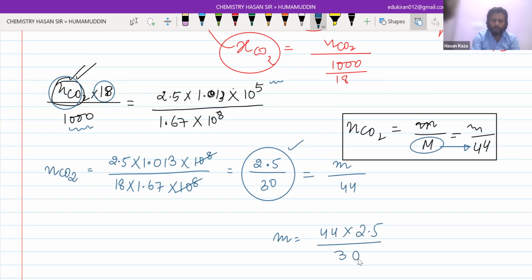I just calculated it approximately: 44 into 2.5 will be equal to 110. And if you divide it by 30, it will be approximately 3.6 gram. So this will be the amount of CO2. Is that clear?